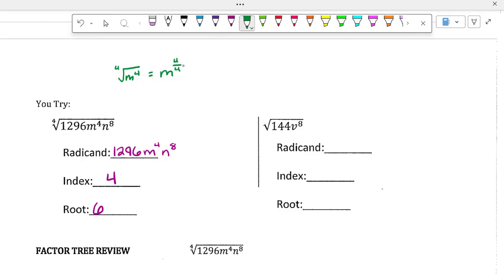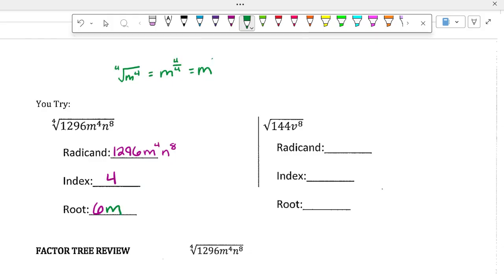So remember, index goes in the denominator, power goes in the numerator. So instead of the denominator being 2, like it is for a square root, this is a fourth root, meaning the denominator has to be 4. So what is the fourth root of m to the fourth? M to the first, yes.